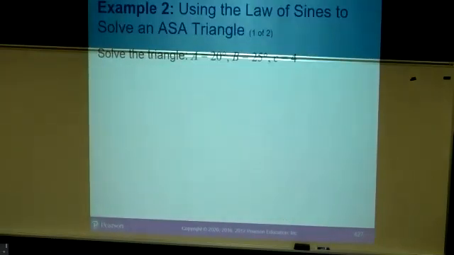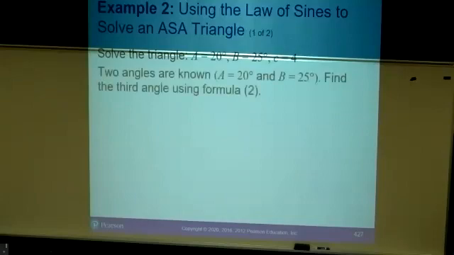Now solve the triangle. You know angle A is 20 degrees, angle B is 25 degrees, and you know one side is 4. So if you know the two angles, what's the third angle? So that's 45, so 180 minus 45.